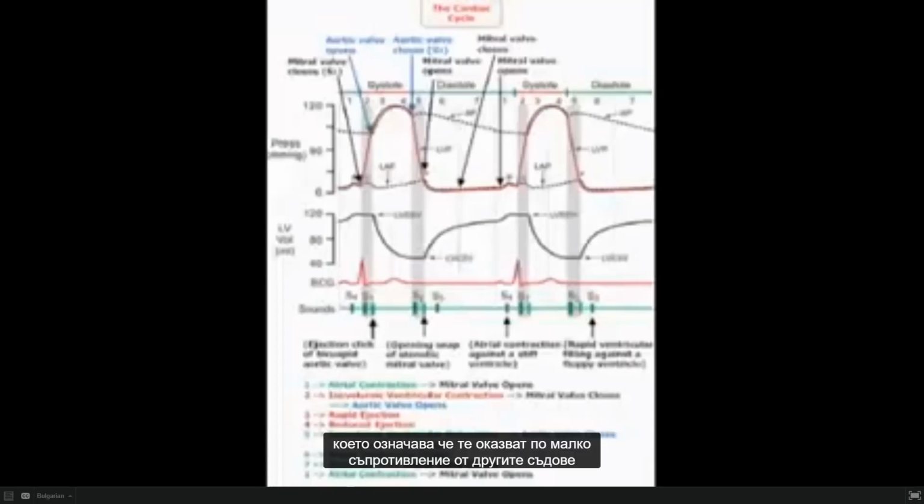It means they make less resistance than the vessels in your body, because those are so long. They cross all your body, and most of them have a big diameter, so they make a huge resistance in front of the left heart.